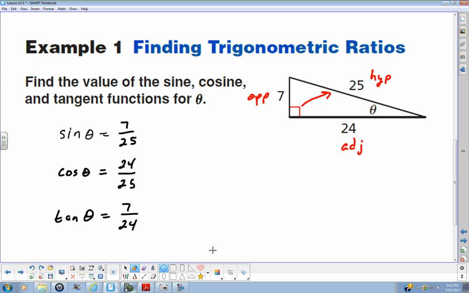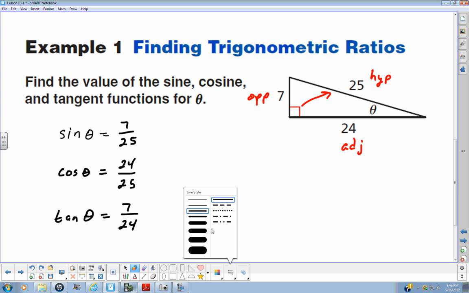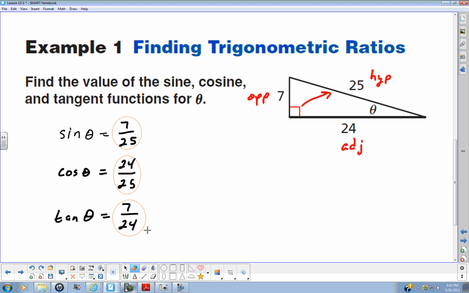So those would be my answers here: 7 over 25, 24 over 25, and 7 over 24.